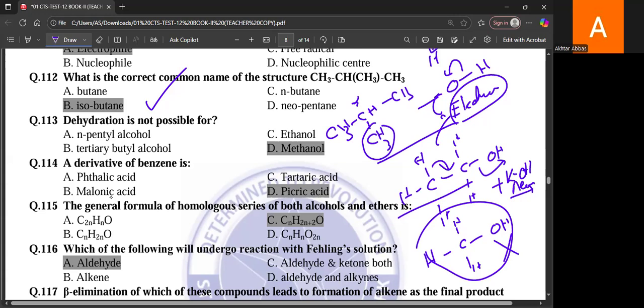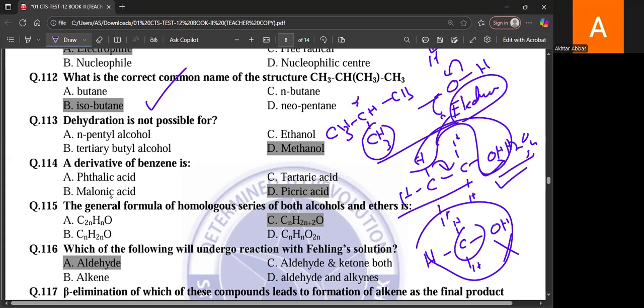Sorry, it's not removal of water alone; we can react it with some dehydrating agent like H2SO4. So this hydrogen is removed and OH is also removed. This H and OH react to form water and we can produce ethene. But this is not possible when there is only one carbon atom. You know that alkenes start from 2 carbon atoms.